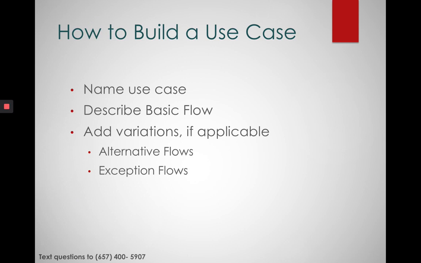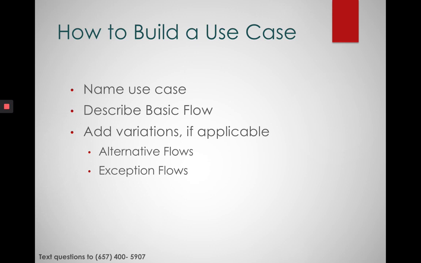Practically, how we build a use case is this is a good set of sequential steps to do that. First of all, we want to name the use case, and it should be a very concise name, it should describe the functionality in just a few words, like buy a product, not adding too much detail, like adding a product to the cart and putting in info and checking out. It should just be something short and concise.